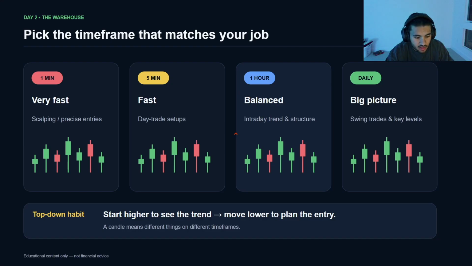It contains 60 divided by 15, so 4 15-minute candles. I can't do math, my bad. It has 12 5-minute candles. So it's just so on, so on. They're all correlated, but you can change the increments in which your candles move.